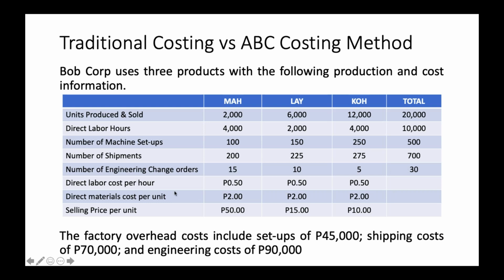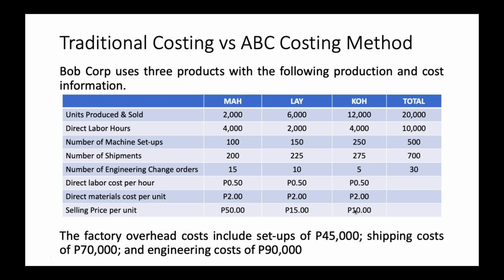Direct labor cost per hour, 50 cents for the three products. Material cost per unit, 2 pesos for the three products. The selling price for each product, 50 pesos for Ma, 15 for Lai, and 10 for Ko.